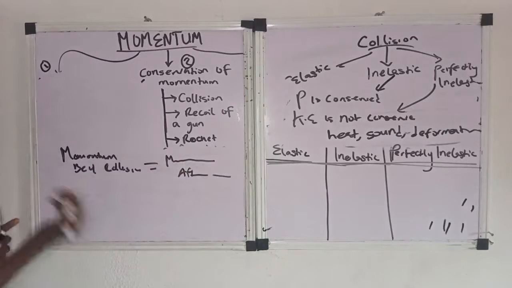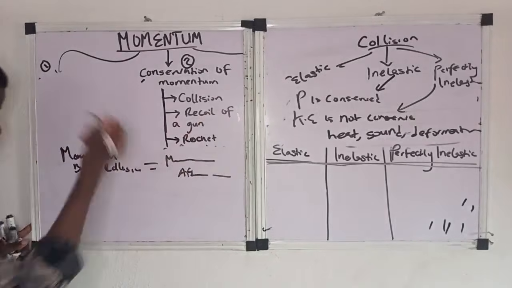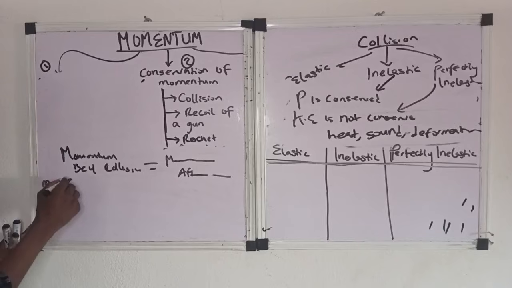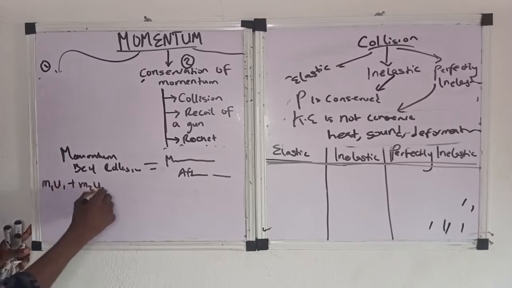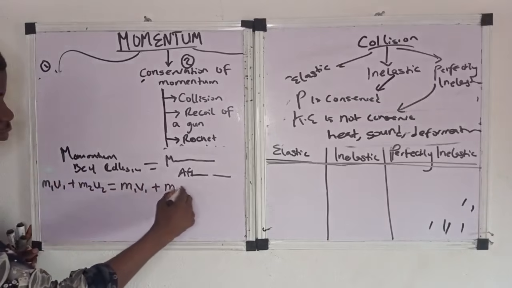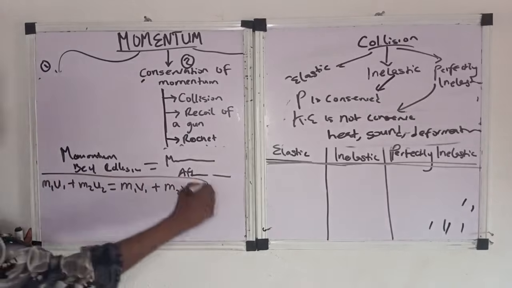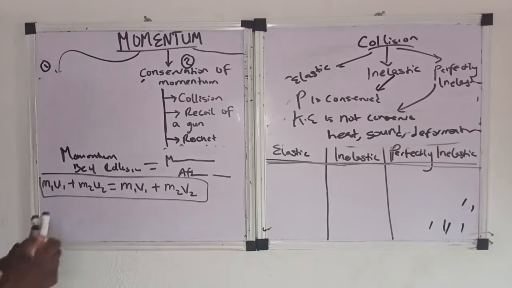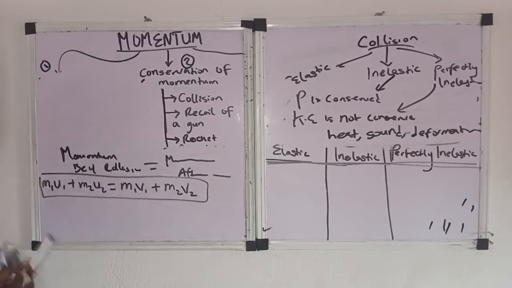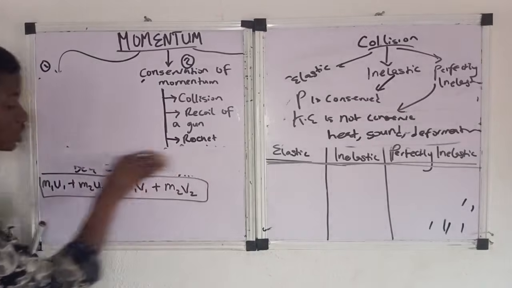So before collision, under elastic collision, m1u1 plus m2u2 equals m1v1 plus m2v2. This is the formula to solve elastic collision.